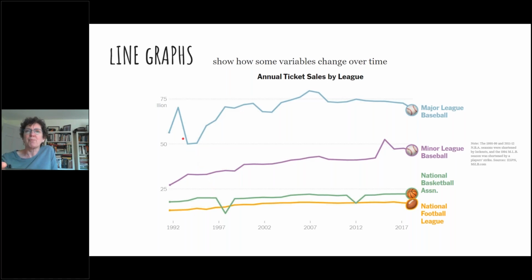The difference between a player strike and a lockout is, I think, the players in baseball decided to stop playing, and with a lockout, I think the owners shut down games, but the reason was the same. They couldn't come to an agreement on how much they should be paid. Like a bazillion dollars is not enough, but that's another story.